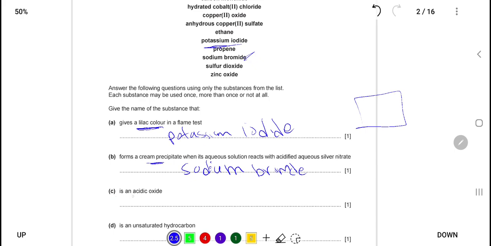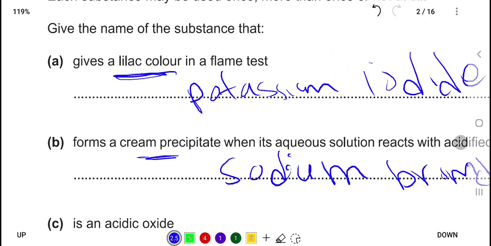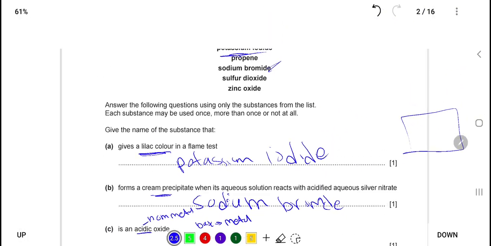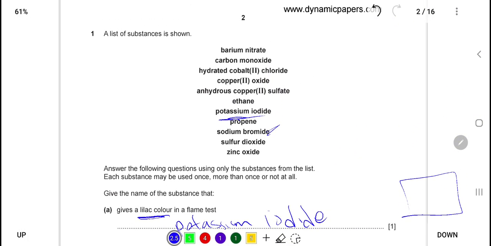Then C says is an acidic oxide. Acidic oxide is a non-metal. If it was basic, it indicates that it is a metal. So let's search here which of these are non-metals.